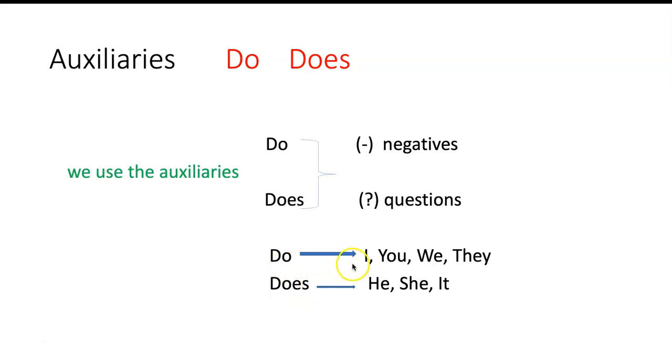Do for the personal pronouns I, you, we, they, and does for the personal pronouns he, she, and it. Okay? So you have to memorize this. It's easier if you memorize this: does with he, she, it, and do for I, you, we, they. Okay? So now we are going to continue here.